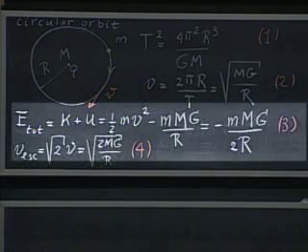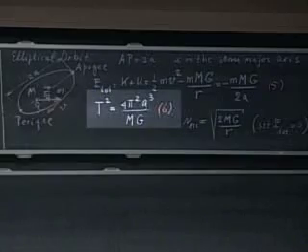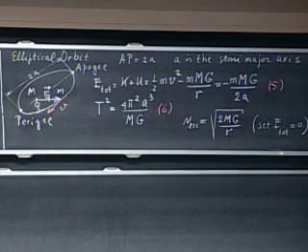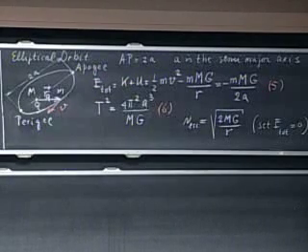And if you want to calculate the time to go around the ellipse, then you get an equation for T squared, which is almost identical to number 1 for the circular orbits, except that now the radius has to be replaced by a, which is the semi-major axis. And the escape velocity you can calculate in exactly the same way that you calculate the escape velocity under equation number 4.